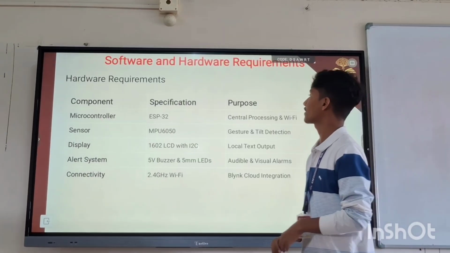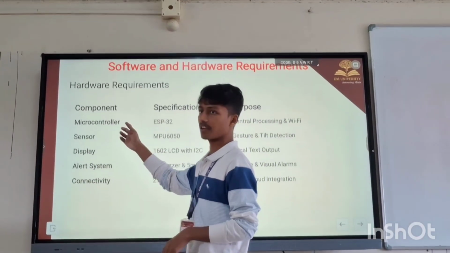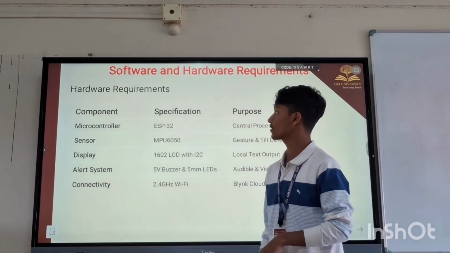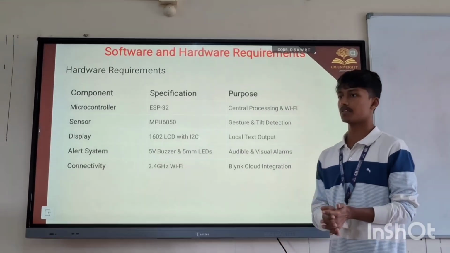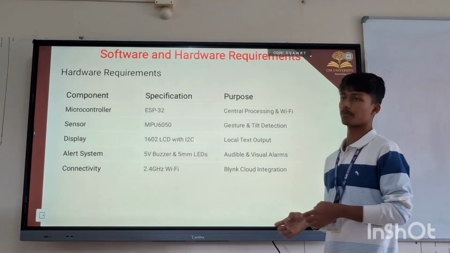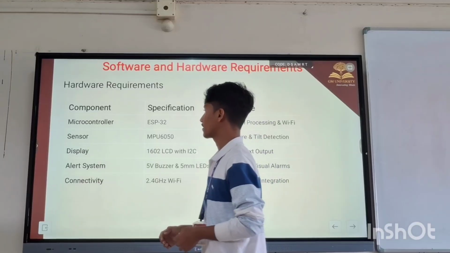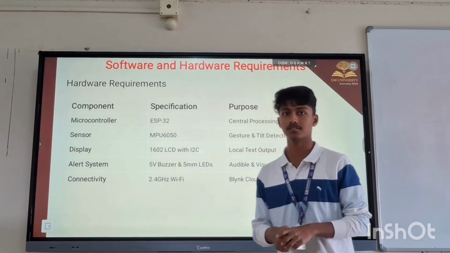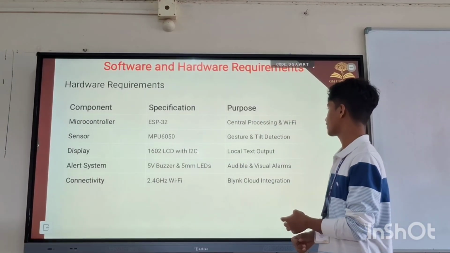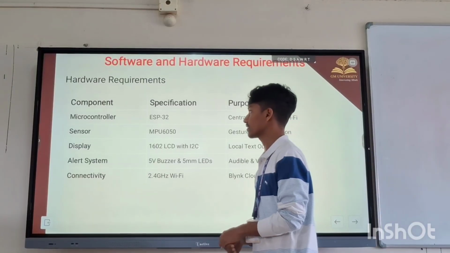Next, software and hardware requirements. Hardware requirements: we have used the ESP32 microcontroller, whose purpose is central processing and Wi-Fi. Next, the sensor, that is MPU6050, which detects the gesture and tilt detection.